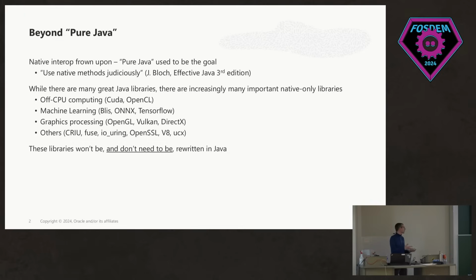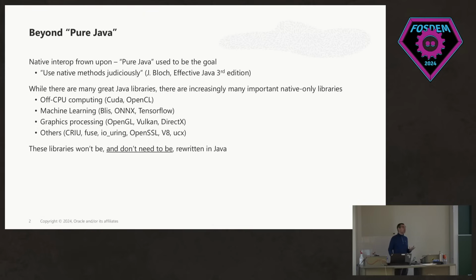And the only way to reach those libraries sometimes is just to reach into native code directly. These libraries will not be ported to Java most of the time because they keep changing. A new library pops up nearly every month with a new kind of idiom in order to do offloading of computation to the GPU.